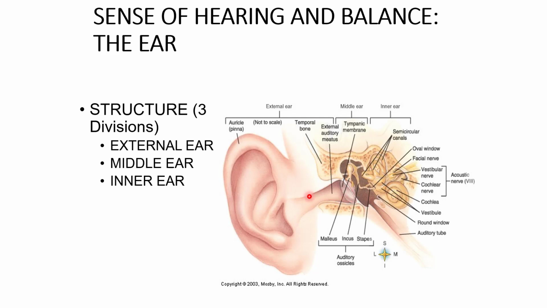Whenever you look at the skull, you must have seen the bony part of the external auditory canal. It opens towards the middle ear, and there is a membrane called the tympanic membrane between the external ear and the middle ear.